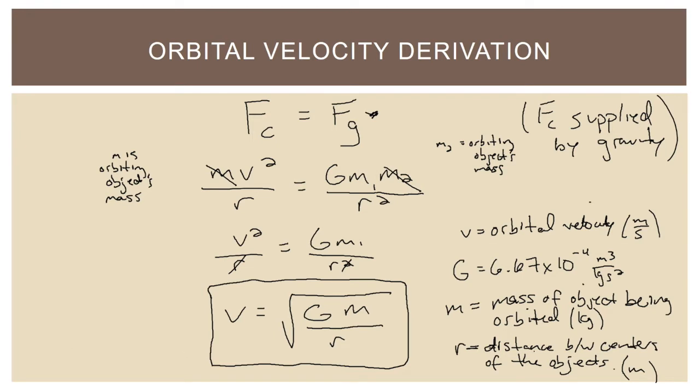It's very important that you recognize that r is the distance between the centers, because when an object orbits the Earth, it never orbits it on the surface of the Earth. You have the radius of the planet, and then the object is going to be orbiting around in a circle that's some height above the surface of the planet.